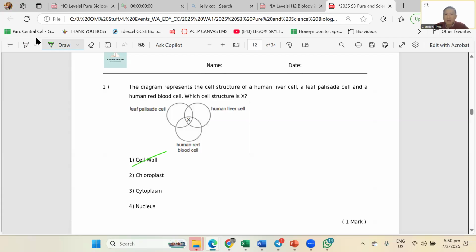No, boom, out. Can they have chloroplast or not? Boom, cannot. Then nucleus. Red blood cell has no nucleus. Human liver cell has nucleus. Leaf cell has nucleus. So I know nucleus is not it. Answer is cytoplasm. So you see, I cancel out what I know is confirmed wrong first. Easier.